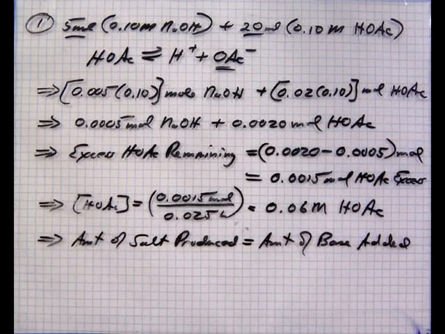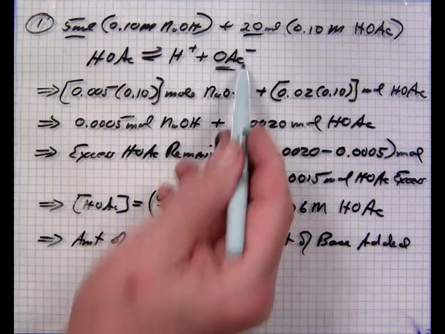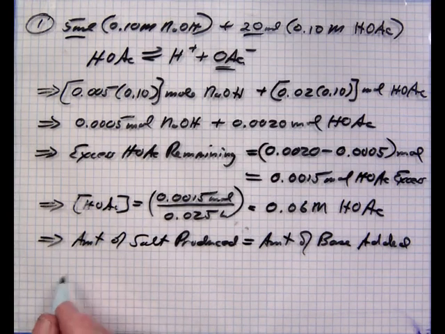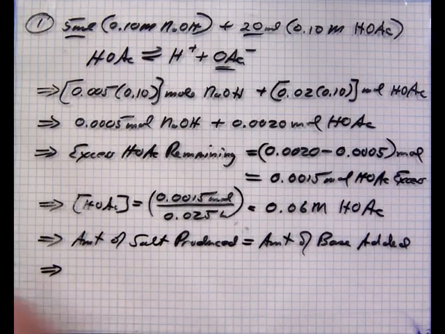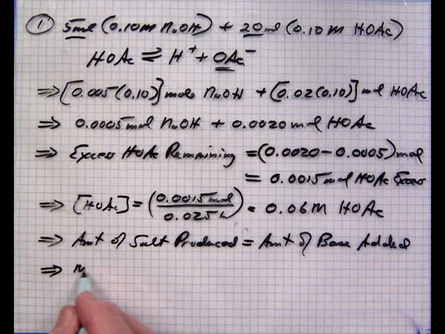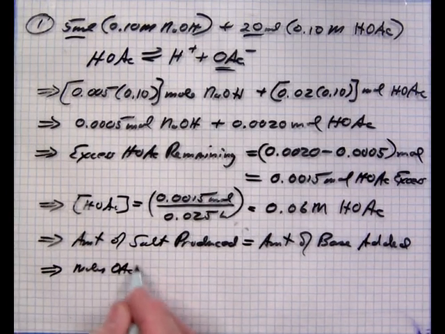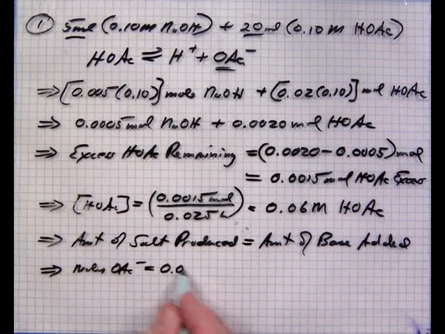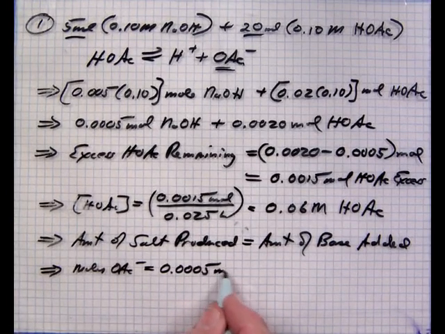So if I add 0.0005 mole of sodium hydroxide, I'm going to neutralize 0.0005 mole of acetic acid, and that's going to produce 0.0005 mole of acetate ions. So we find that the moles of OAc now is equal to 0.0005 mole.